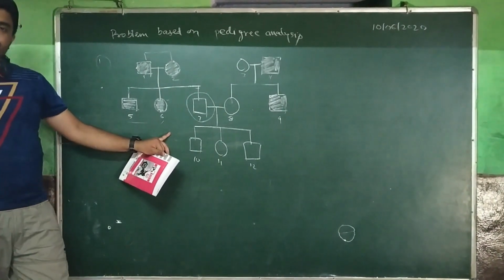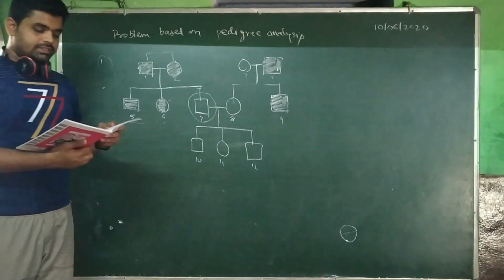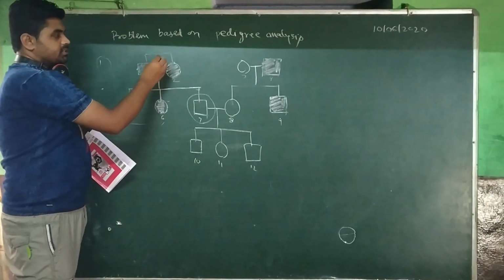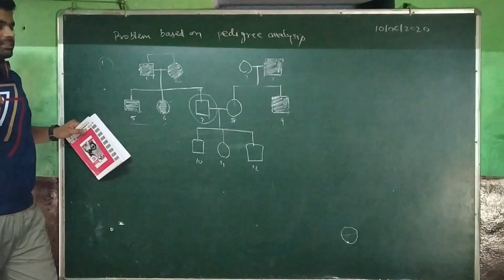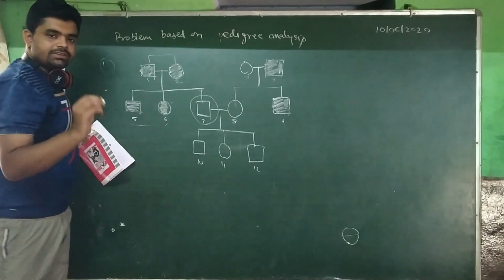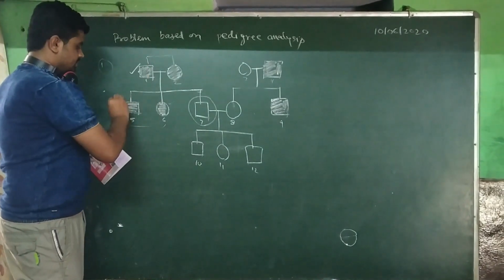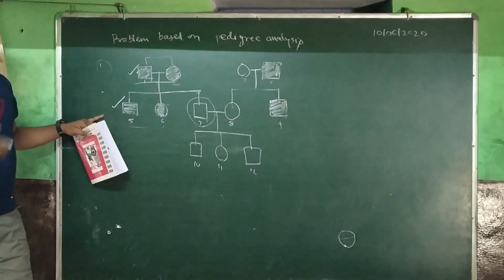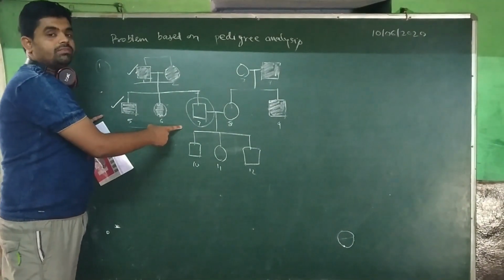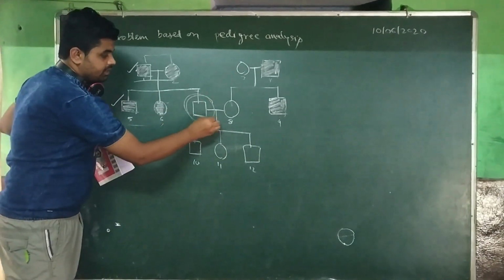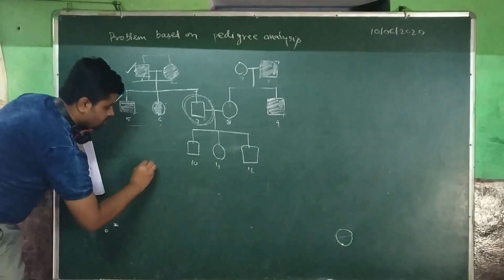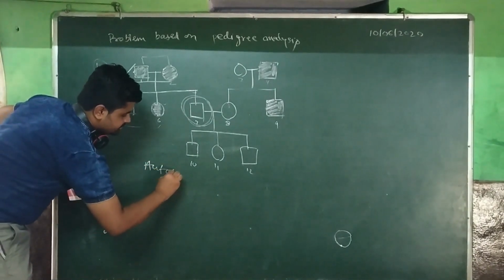According to the key points, it is an autosomal dominant disease, because the first condition of autosomal dominant disease is that it occurs in every generation. It occurs in this generation as well as in this generation, and there is an unaffected child of an affected parent. That's why it is autosomal dominant.